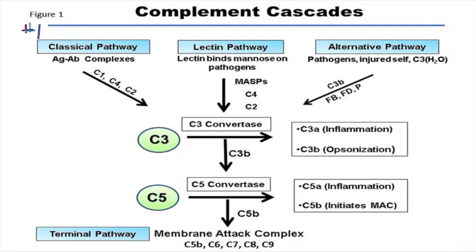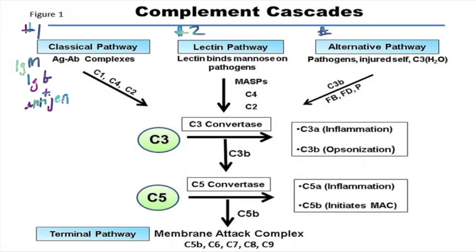So what you need to know here is the classic pathway is mediated by antigen antibody complex. So we have a microorganism, and it's the binding of C1 to antibody, IgM or IgG, combined with antigen. Okay, so that's your antibody antigen complex. Next up is the lectin pathway.